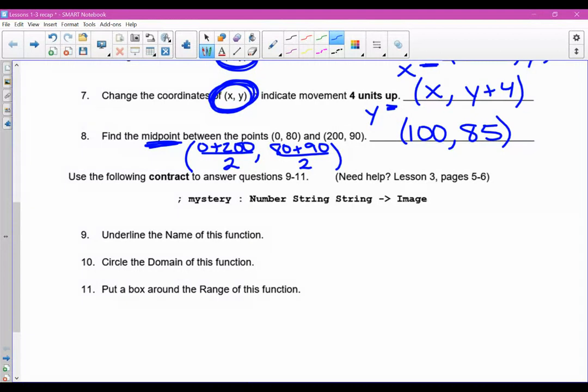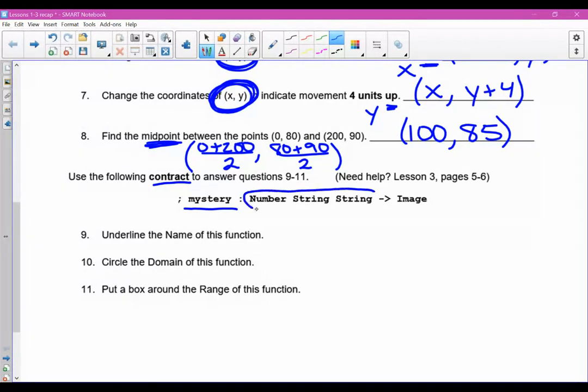All right, 9, 10, and 11, we're using the contract that is written below. Now remember, the name of the function is found between the semicolon and the colon. So mystery is the name of the function. Circle the domain. So the domain is between the colon and the arrow.